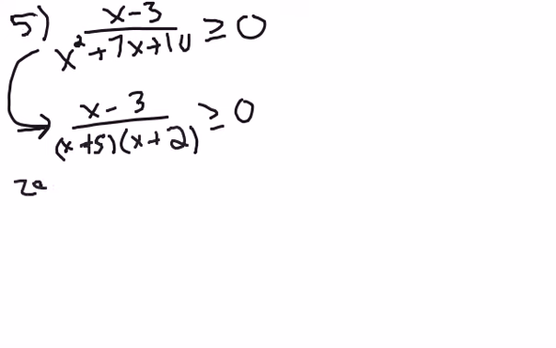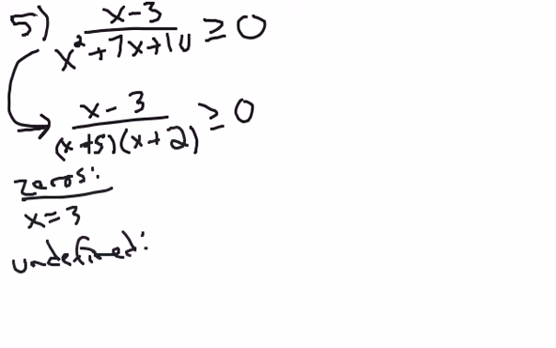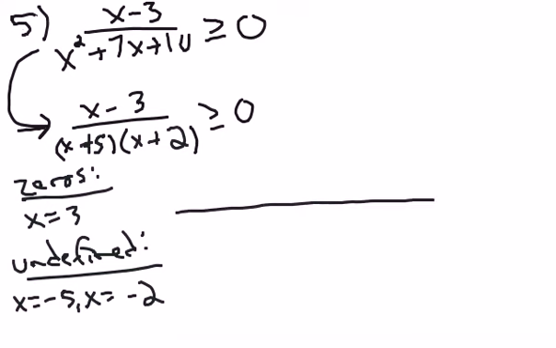So I'm going to take note of the zeros here, which there's only one, 3. That's where you set the numerator to 0. And then places where it is undefined would be the vertical asymptote of negative 5 and the vertical asymptote of negative 2. So I'm going to use all 3 of these pieces of information on my sign chart.